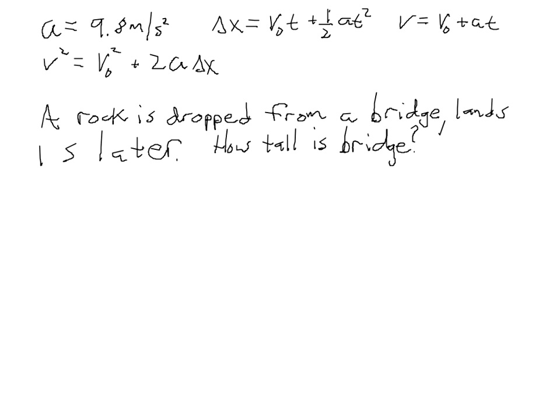For example, okay, well, let's write down the obvious first. The time taken by the rock is 1 second. But we also know the initial speed of the rock. After all, the rock is dropped, not thrown. So if the rock is dropped, that means its initial speed is going to be 0.